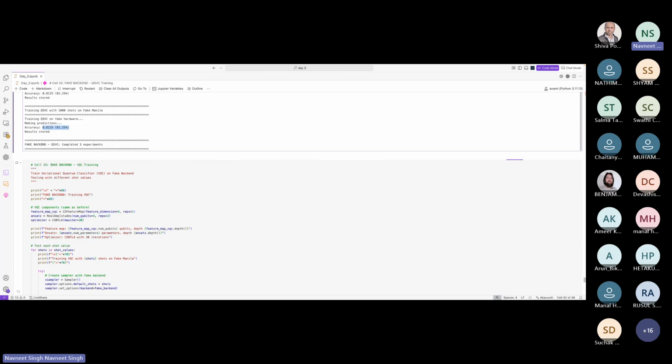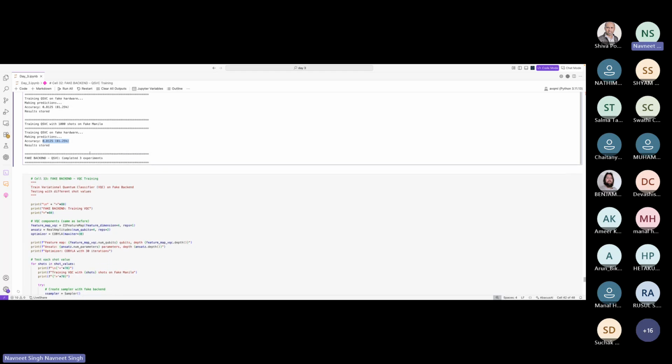Why have I shown you the three different implementations? First, it helps you check whether your code or your model is working fine or not. Then you test your model on noisy computers.